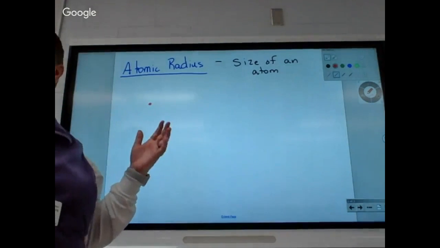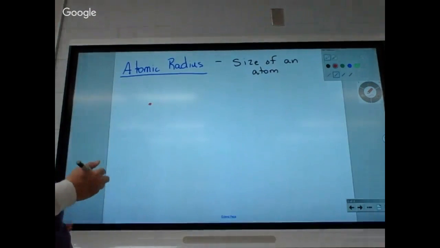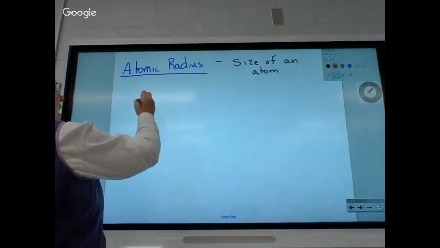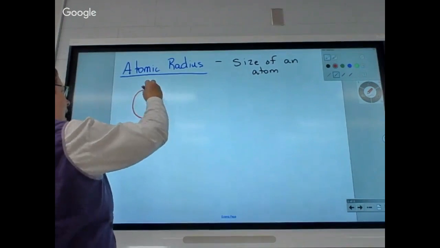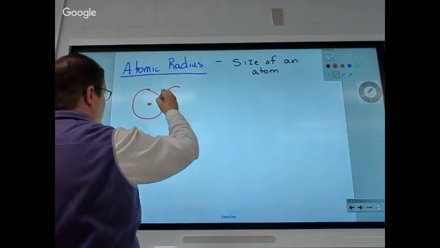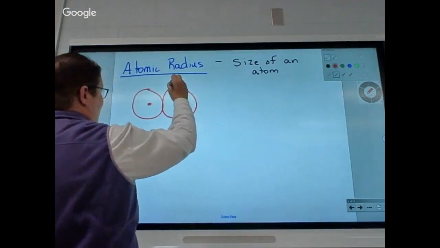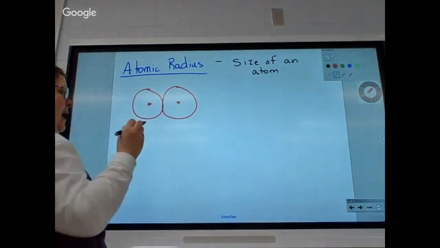Those orbitals that we talked about where the electrons are actually areas of probability. So the way scientists measure radius is to take one atom, and this is going to look weird, and I apologize now, and they take a second atom, and they bond it to an identical atom, okay?